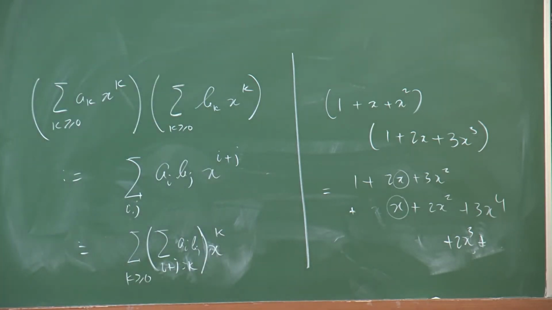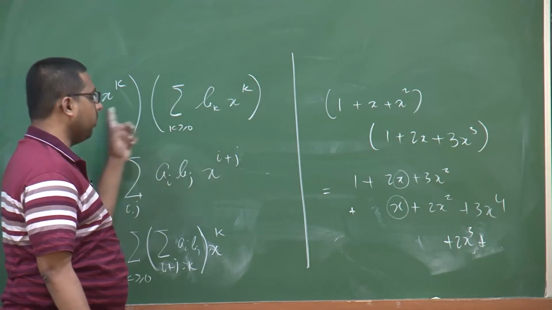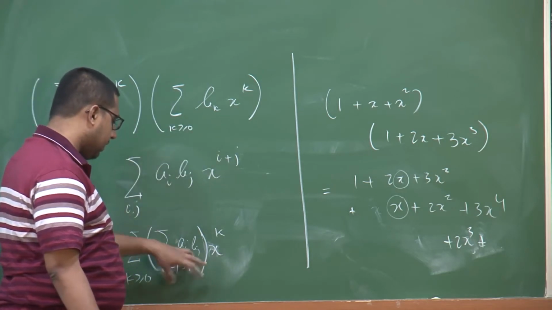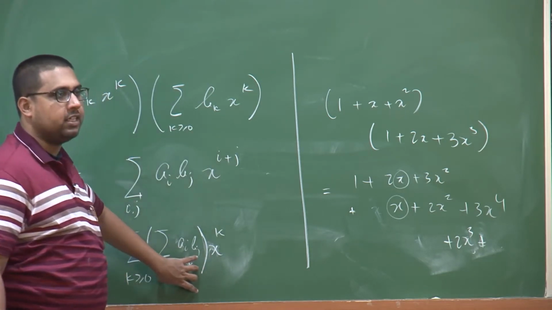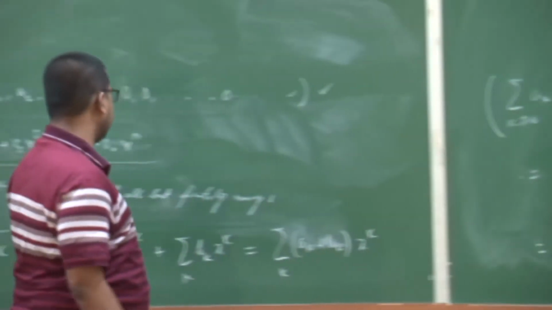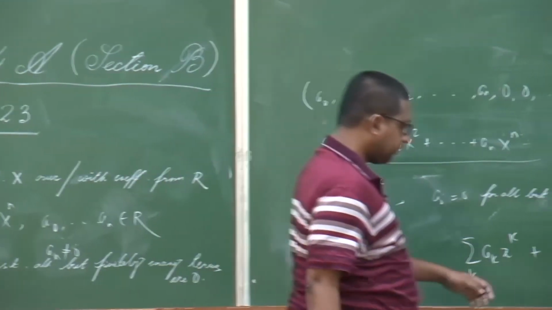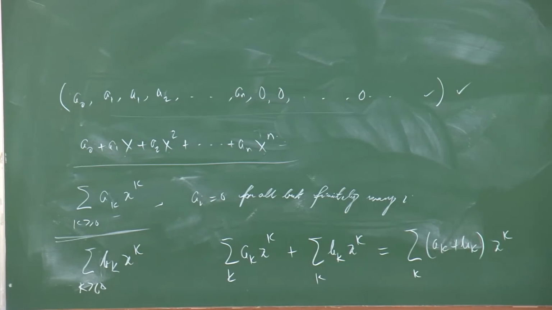Right. That is how it is defined, and from this definition it is clear that since these two are polynomials, beyond a certain point these coefficients will also vanish, therefore it is also going to be a polynomial. Okay. So that is how the multiplication is defined. Now we define the polynomial ring.